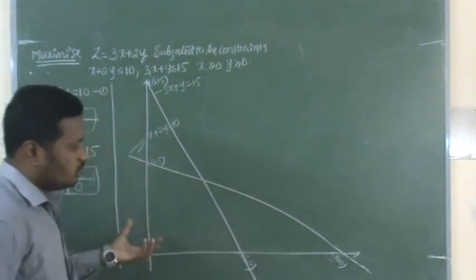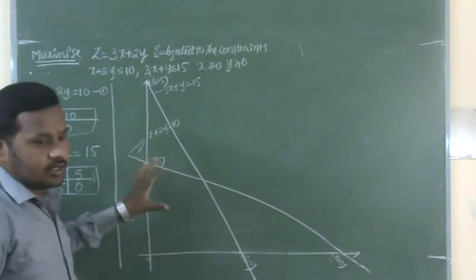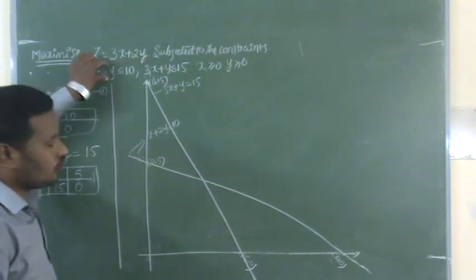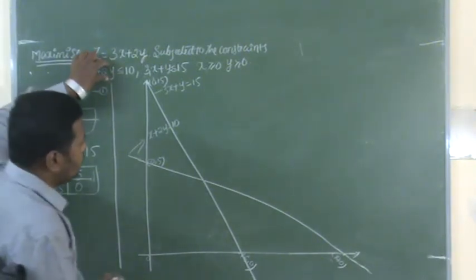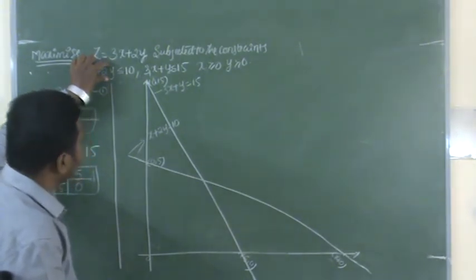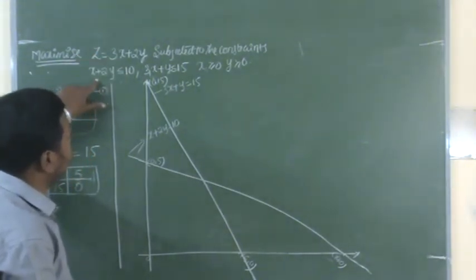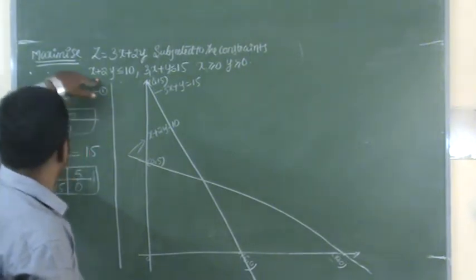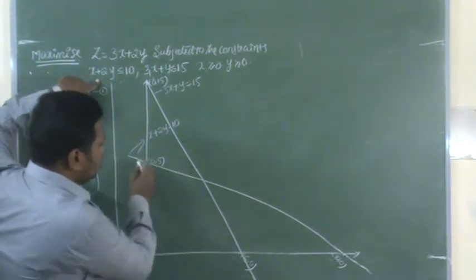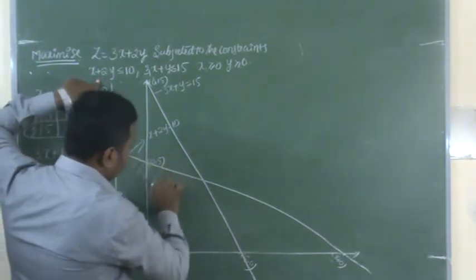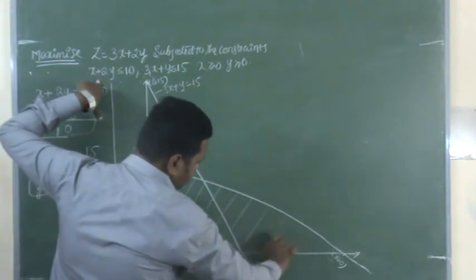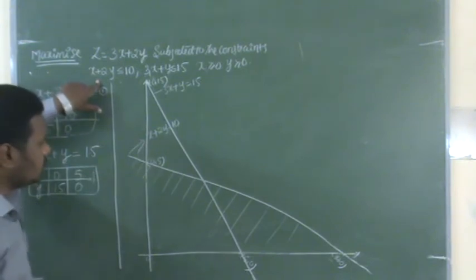Now to find the feasible region. See our first equation, which is true, it comes towards the origin.